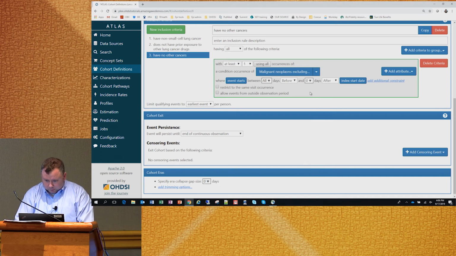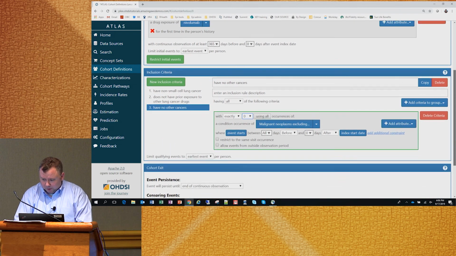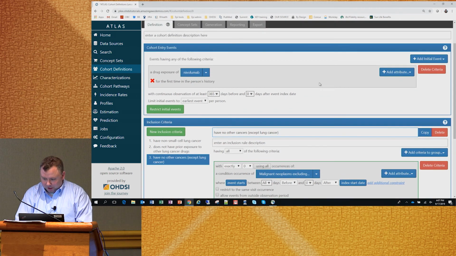Okay, so I'm going to do it this way. What I'm going to need to do, though, is a little trick here. So this can be exactly 0. Given that you guys wanted to do it that way, I'm going to make one switch. This specifically has to be no other cancers except for lung cancer, because the lung cancer is okay for our particular population.